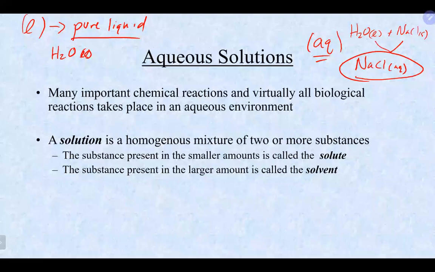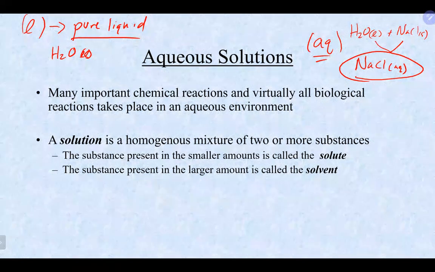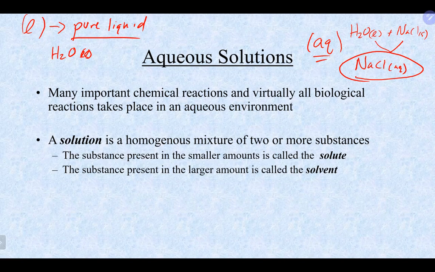So again, something with an L next to it usually implies that it's just a pure liquid by itself, nothing else mixed in there. But if you see something with aqueous, I won't say 100% of the time, but most of the time a water environment is the major part of it, with something dissolved in it. A solution actually is a homogeneous mixture, so it does look the same throughout.